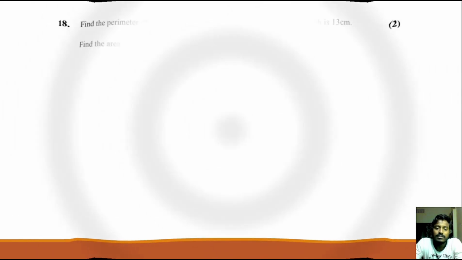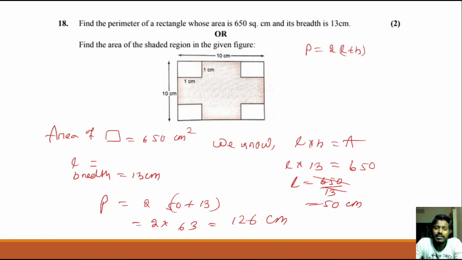Next question. Now find the area of the shaded region. Shaded region means total square minus the small squares, yes or no?